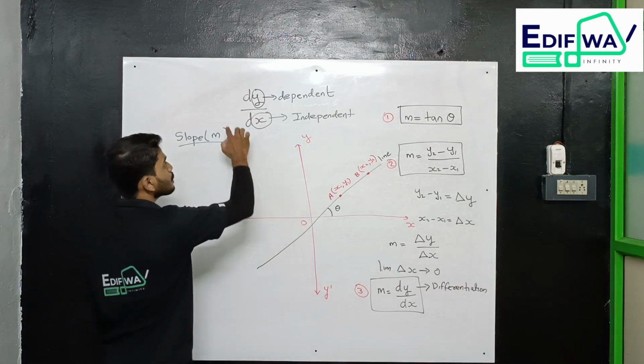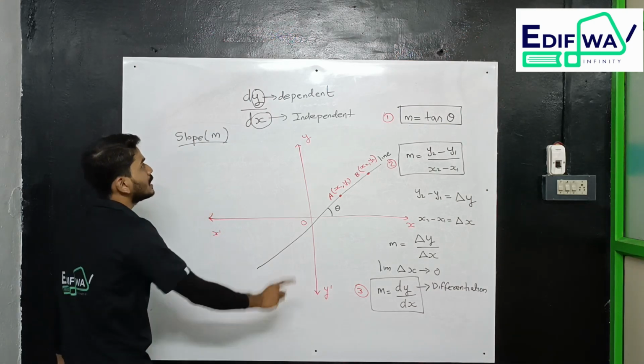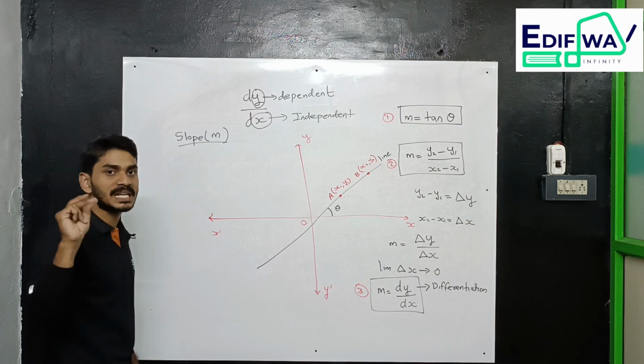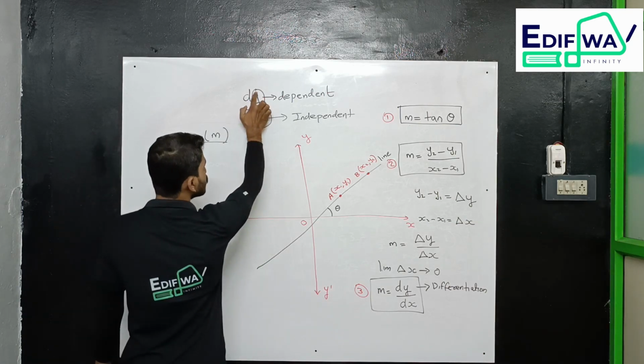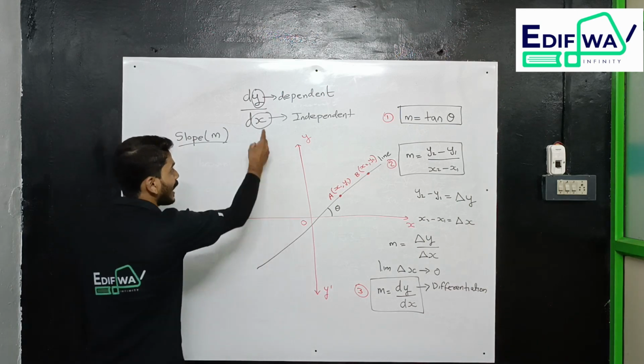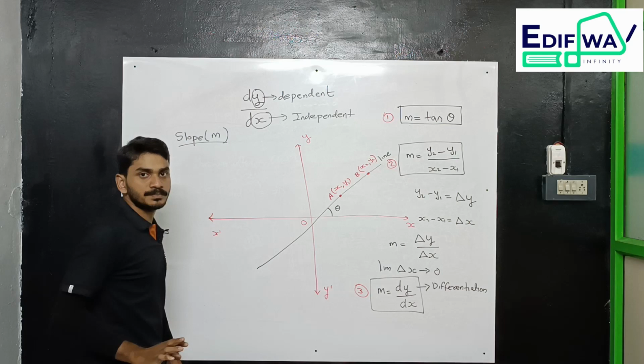That is how to say this. It means the derivative of y with respect to x, because x is an independent quantity and y is a dependent quantity.